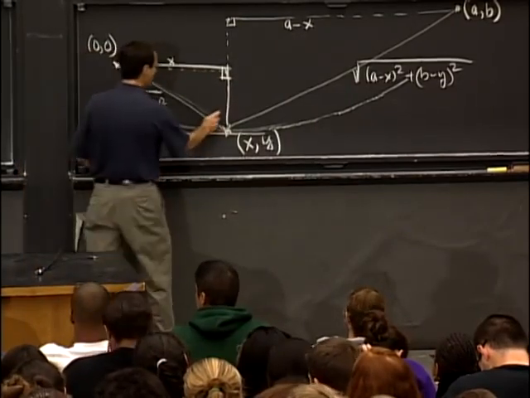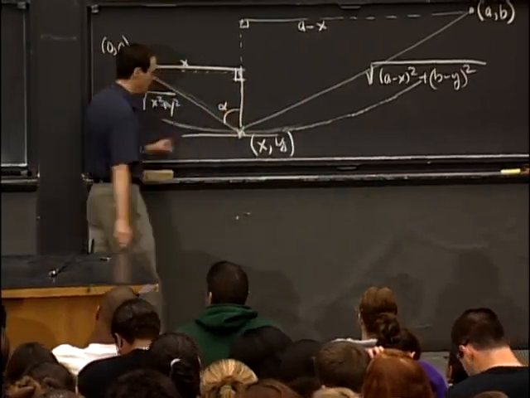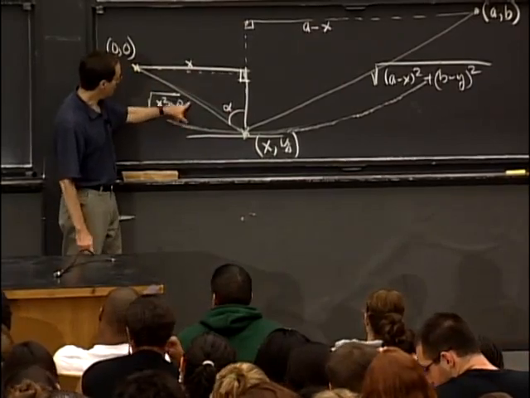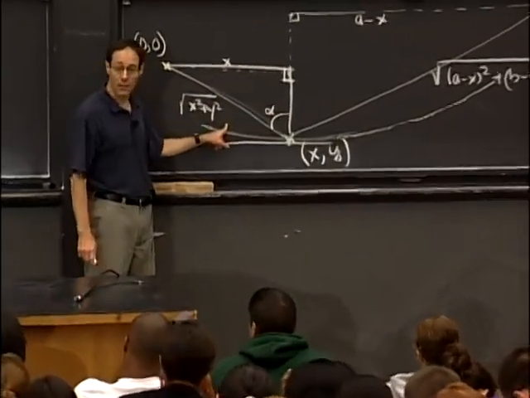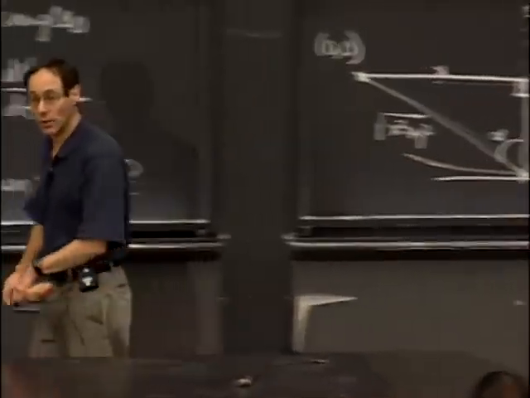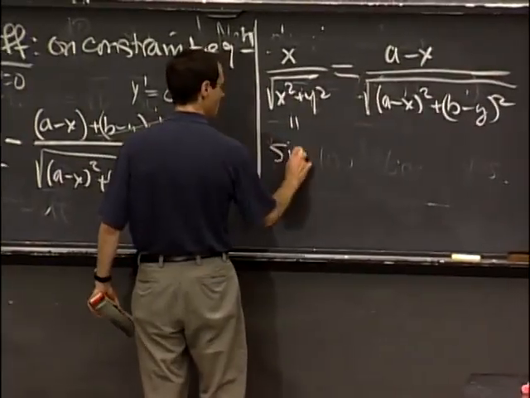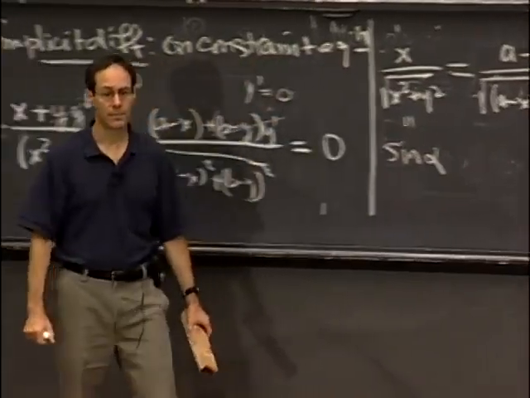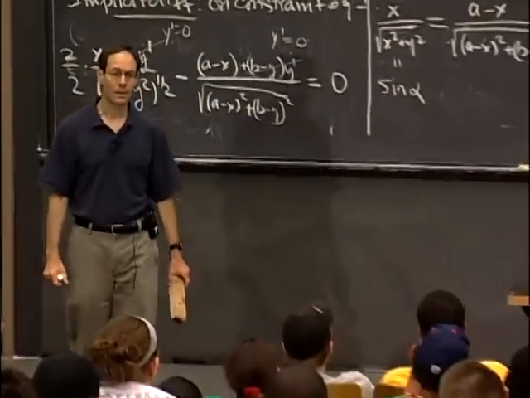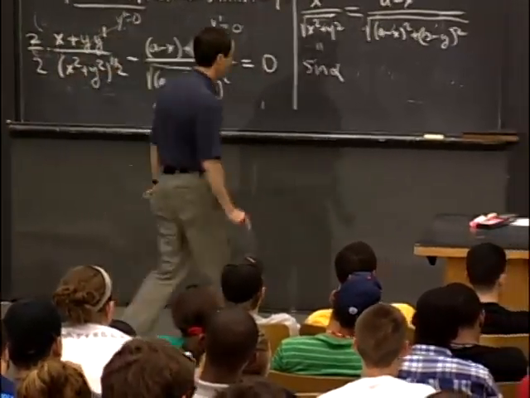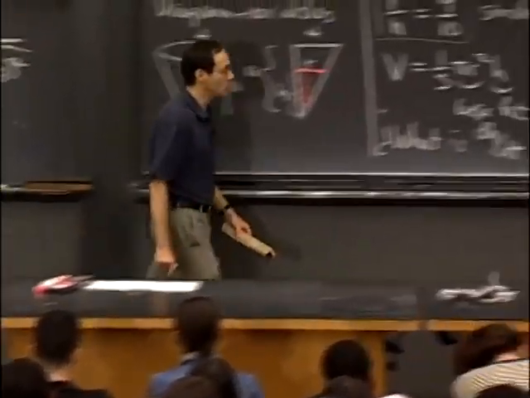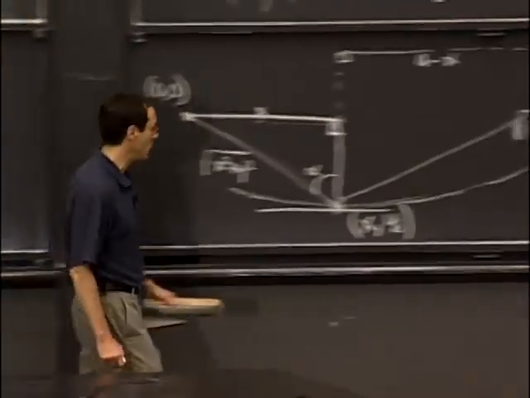So if I call this angle alpha, then this is the sine of alpha. All right? It's a right triangle, that's the opposite leg. So this guy is the sine of alpha. Similarly, the other side has an interpretation for the other right triangle.